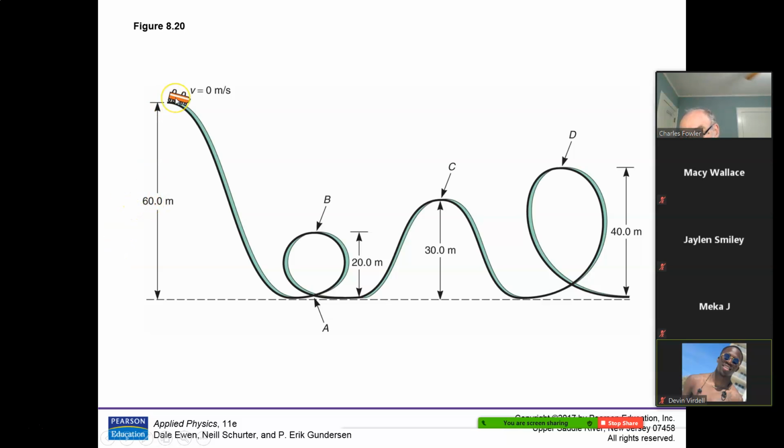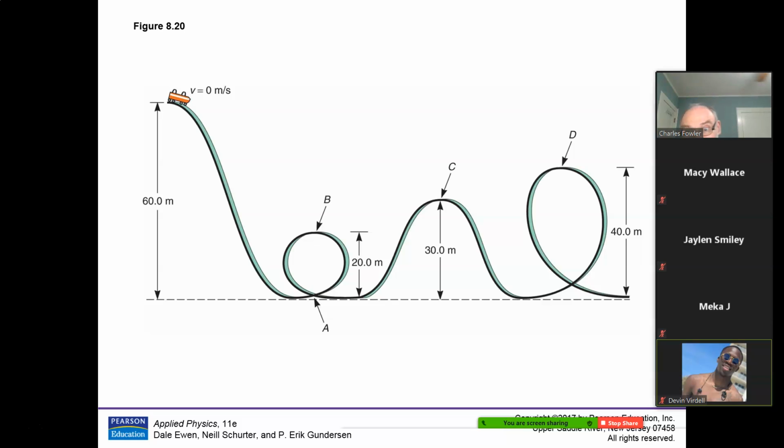So whatever the mass of that cart is with people in it, multiplied by g, which is 9.8 meters per second squared, times 60 meters, that's your total potential energy, which is your mechanical energy. When it reaches the bottom, all of that is kinetic energy. So convert that and see how fast you're going.